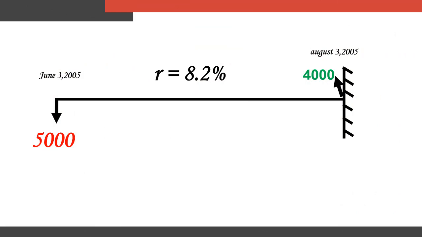We start with $5,000 as a principal on June 3, 2005. You paid $4,000 on August 3, 2005. We need to get the balance at the same date, August 3, 2005, with a rate of 8.2%.